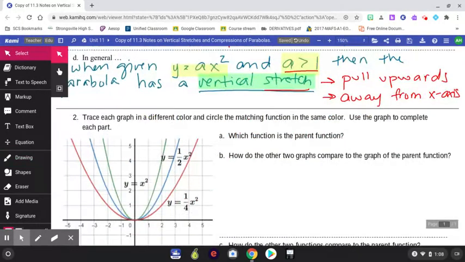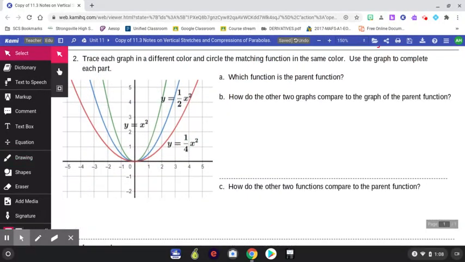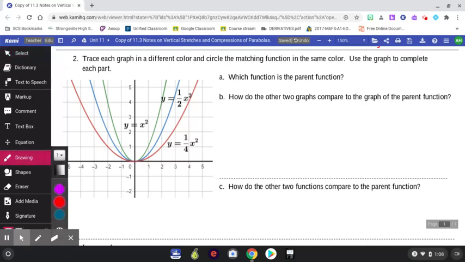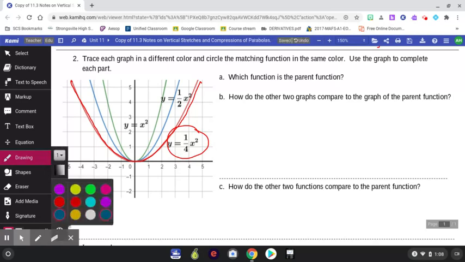So let's see what happens here in problem 2. Again, we're going to trace each graph in a different color. So let's get our 3 colors back out. All right. So this time my outer function here is my red function. I'm going to trace that in red. And the function that goes with it is y equals 1/4 x squared. Okay.